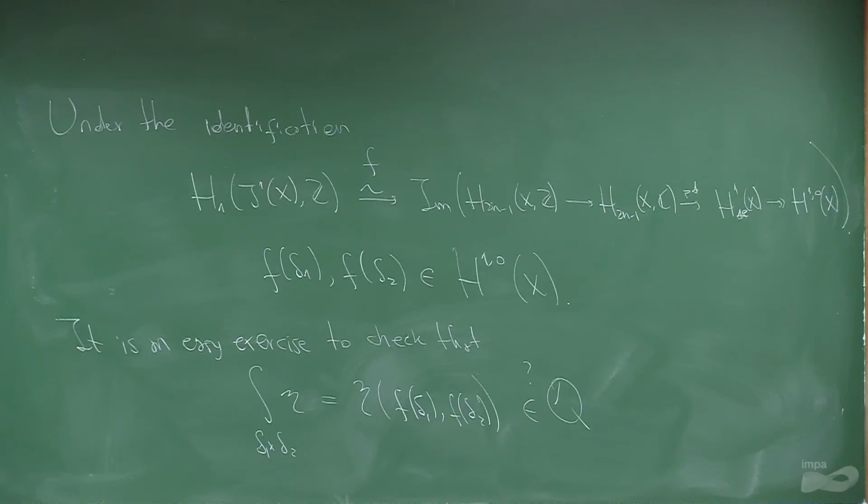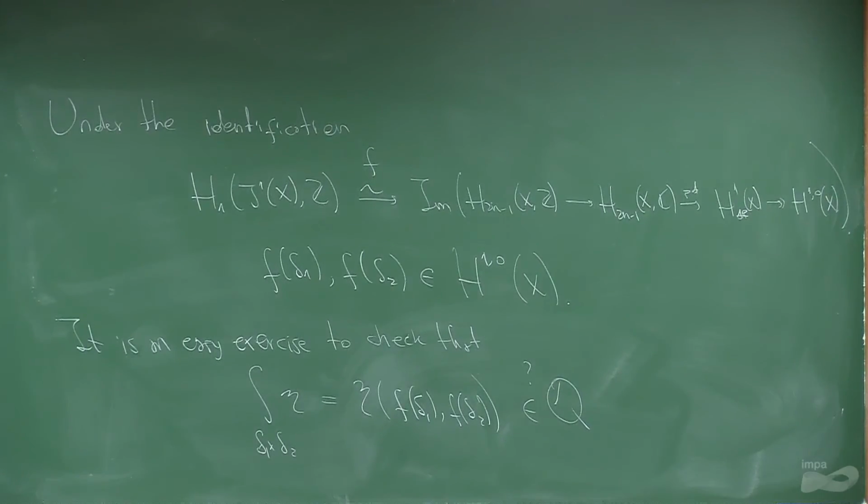And this is almost tautological. Well, it's not that. So we already know that this f of delta 1 and f of delta 2 are 1,0 forms. So this is alpha 1,0, and the f of delta 2 is some beta 1,0. But they appear as projections of something, right?